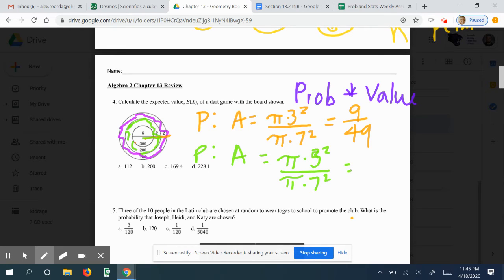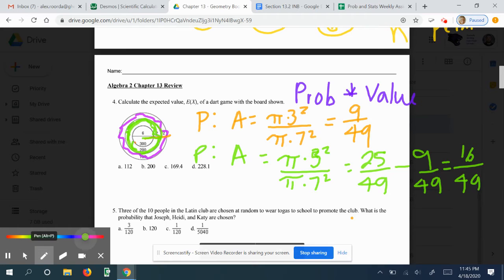And so that would be 25 over 49. However, you'll notice that the green only goes around what we already had, so we have to subtract 9 49ths from it because the orange is already taken away. So that would be 16 out of 49. Okay, so that's my probability of the green one.